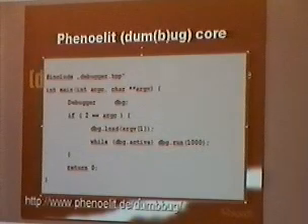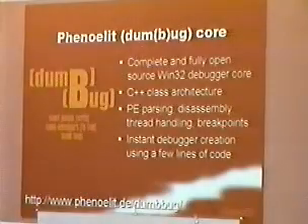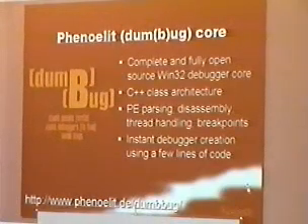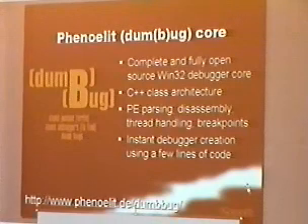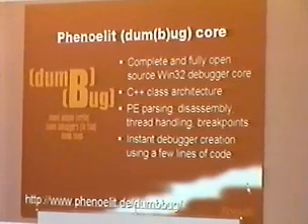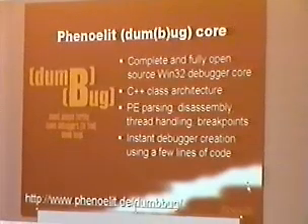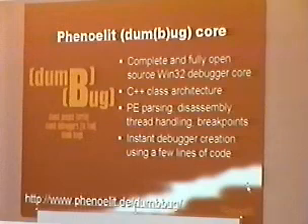So for the debugger part, I thought it would make sense to come up with a debugger that people can use, because I realized there is no open source debugger for Windows. There are just debuggers with APIs, and those APIs tend to suck badly. So I wasted a bit of my time and wrote an open source Windows debugger.